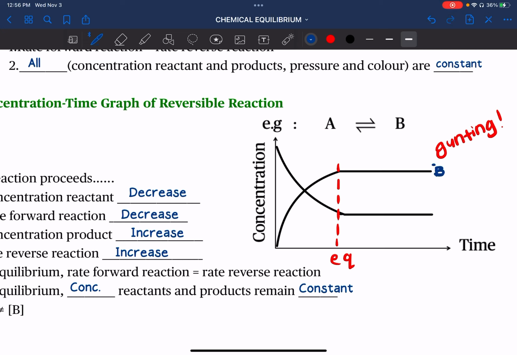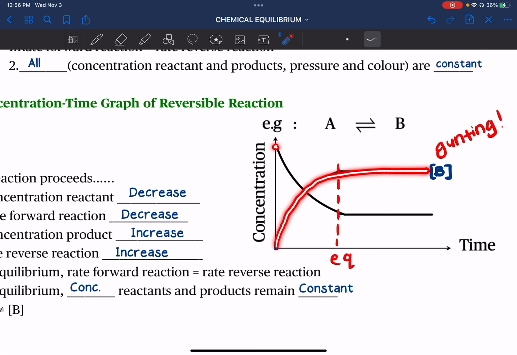Okay, that is for product. Kenapa product? Sebab initially, bila time kosong, maksudnya reaction tak bermula lagi. But as time proceed, the concentration of product will increase.